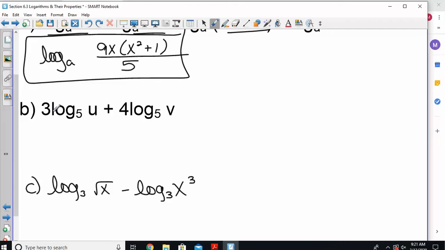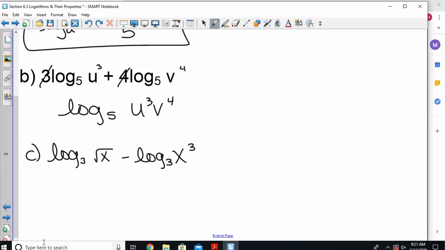B, we know this would be like a u to the third and a b to the fourth. They're added, so you multiply, so log base 5 of u to the third, b to the fourth. C, these are subtracted, so you divide.